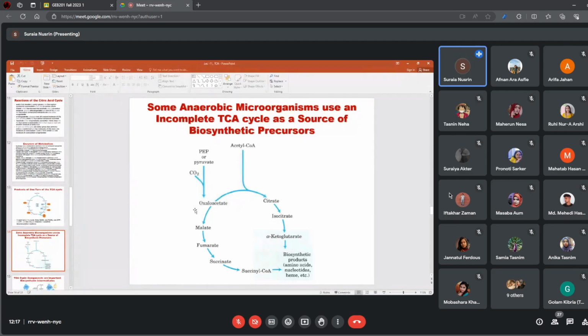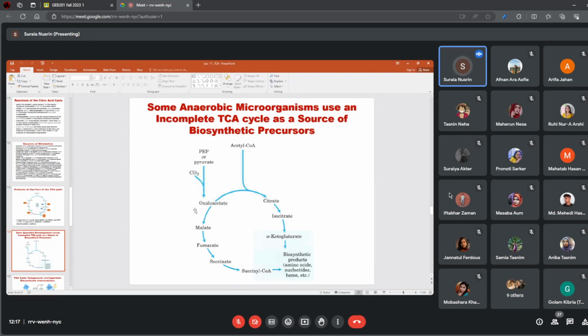These two molecules undergo a carboxylation reaction, that means addition of carbon dioxide, and oxaloacetate is produced, which then runs this particular incomplete TCA cycle.